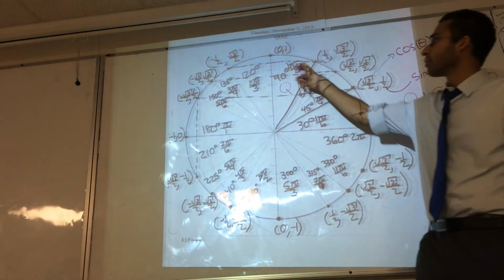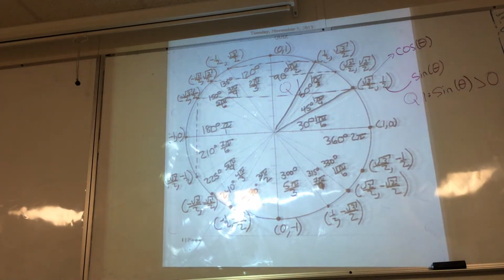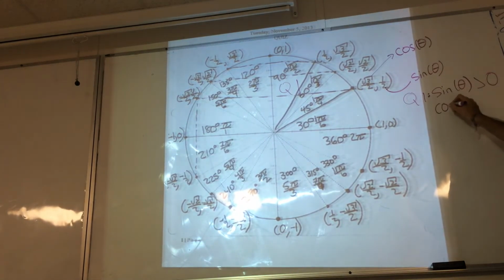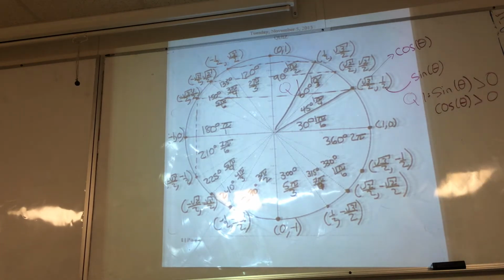Because the y values in quadrant 1 are always greater than 0. Cosine of theta is also greater than 0 in quadrant 1. Why? Because x values are always bigger than 0 in quadrant 1. I hope people are writing this down. If you're not, and then you don't do well in this class, don't be surprised why.